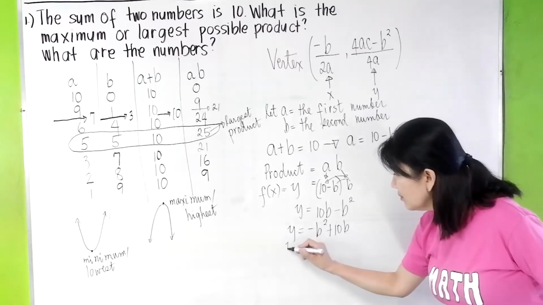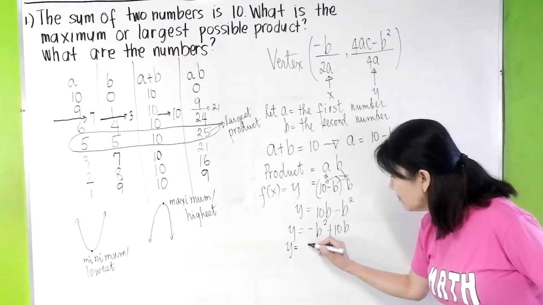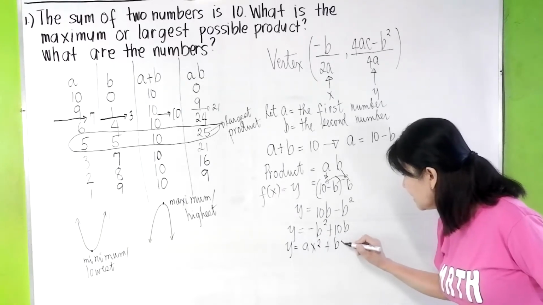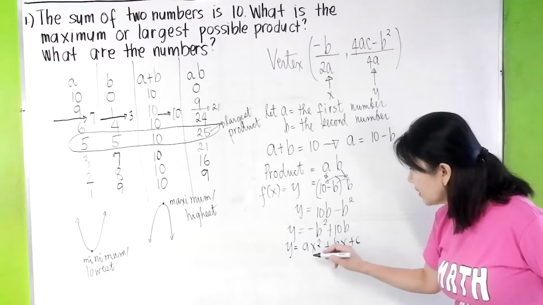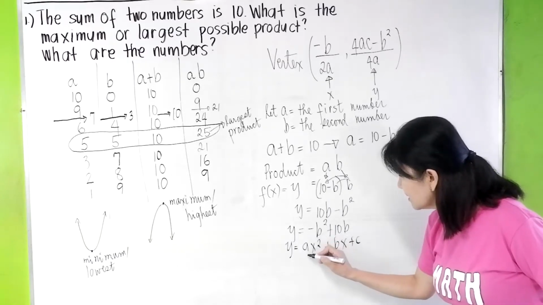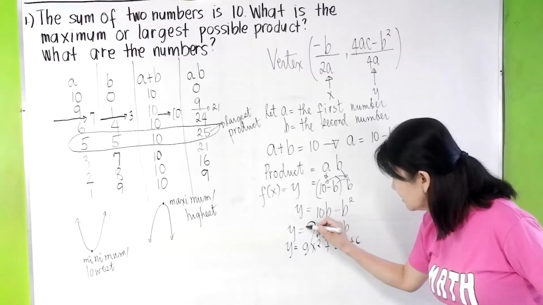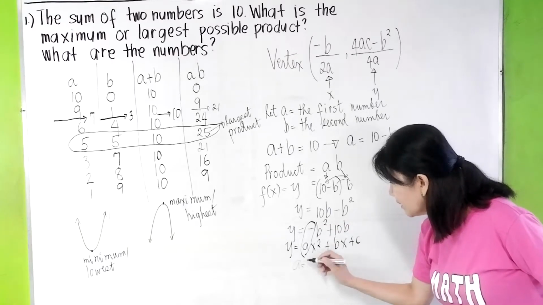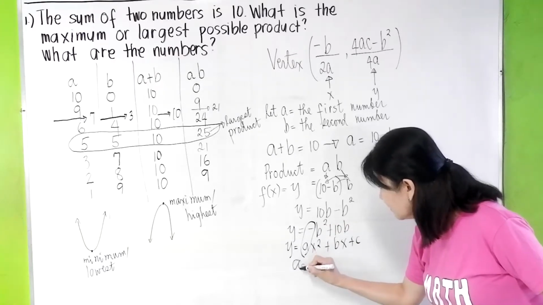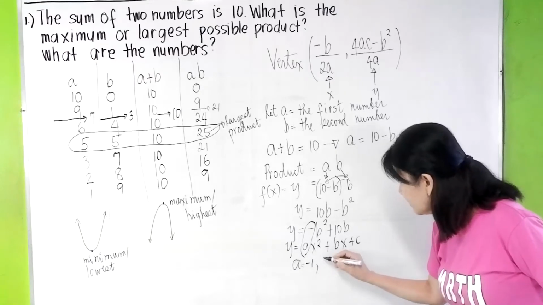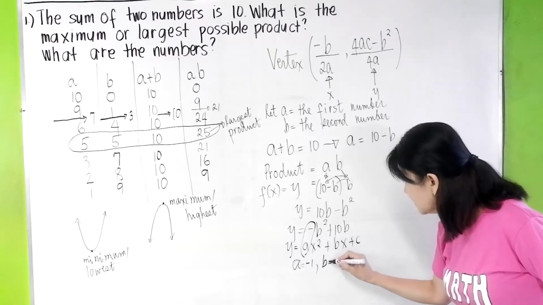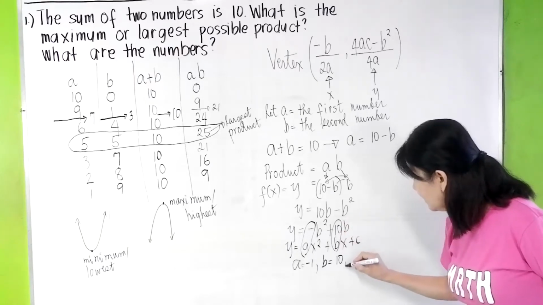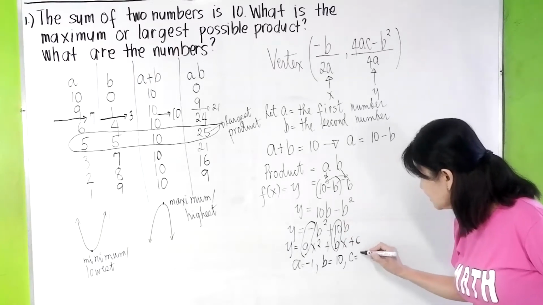So now this is in the form ax squared plus bx plus c, where your a is negative 1, your b is positive 10, and c is 0.